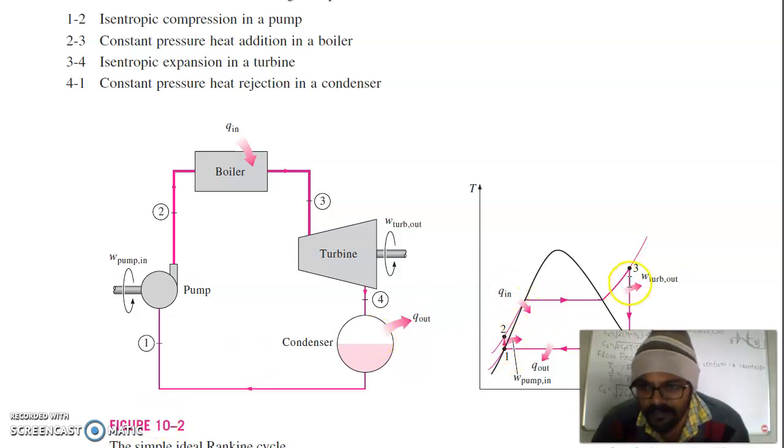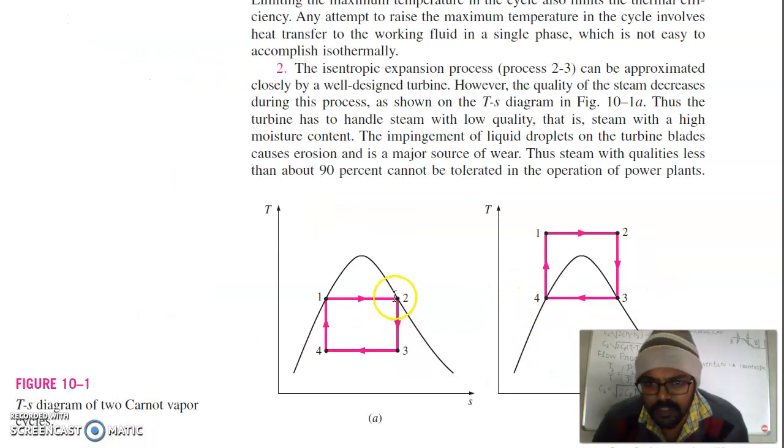The second modification is at point 3. At this point, instead of using just saturated vapor, you can superheat the steam at constant pressure, and after superheating you will get into the superheated region. When you expand from the superheated region, you will end up with a high dryness fraction of steam, near the vapor line.